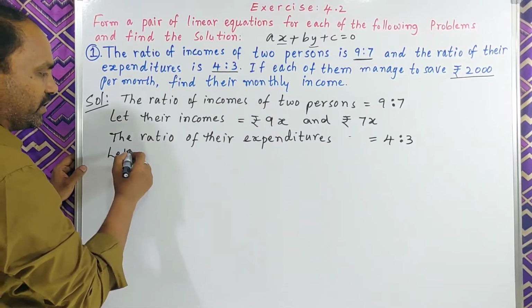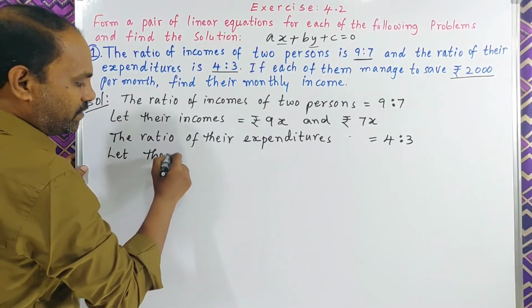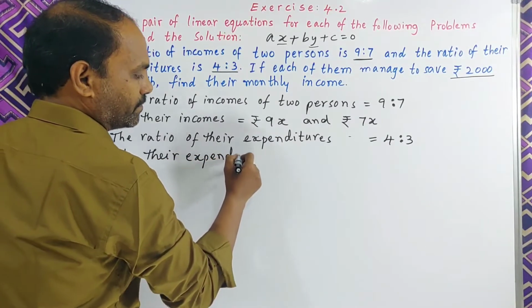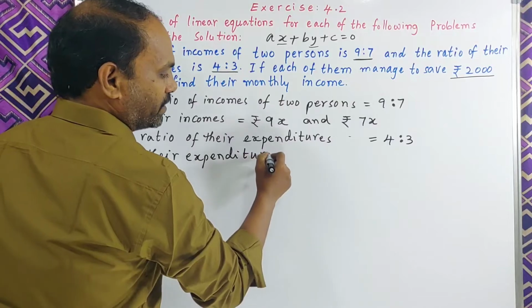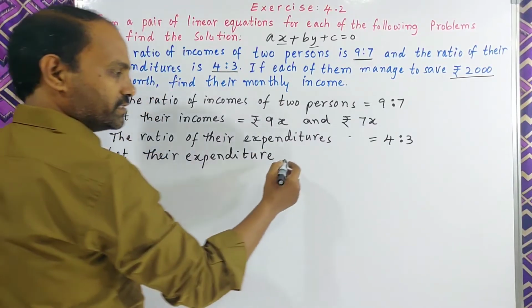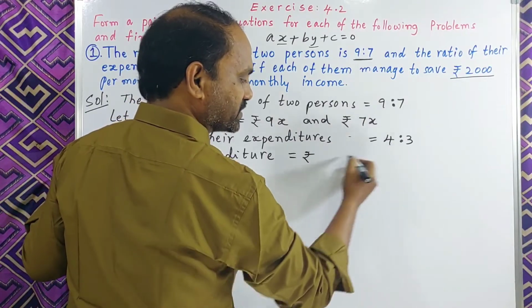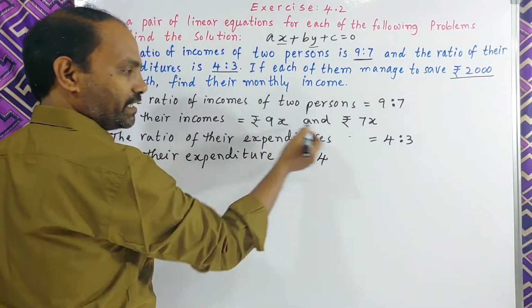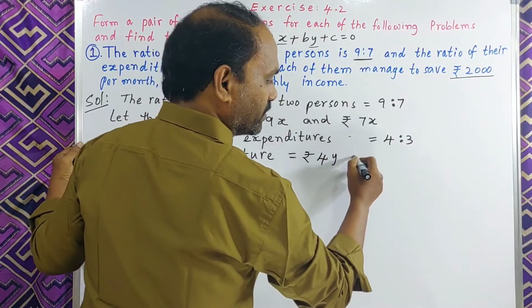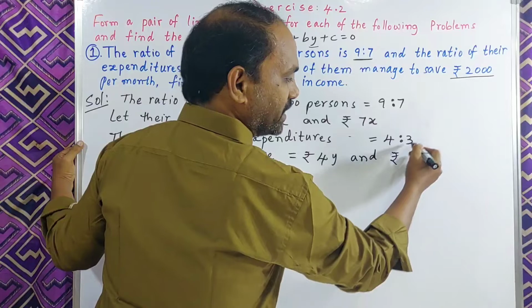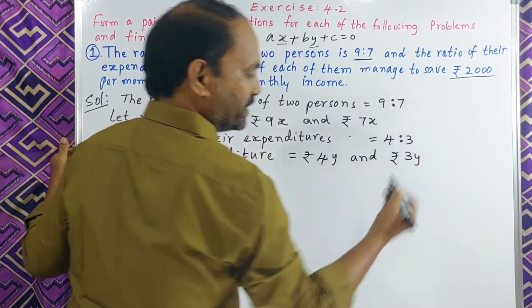Then how can we take their expenditure? Let it be, for the first person, 4y, since x is already taken, and the second person's expenditure 3y rupees.